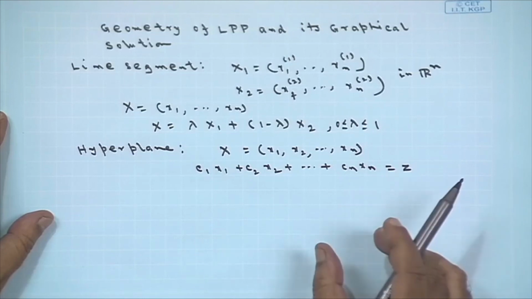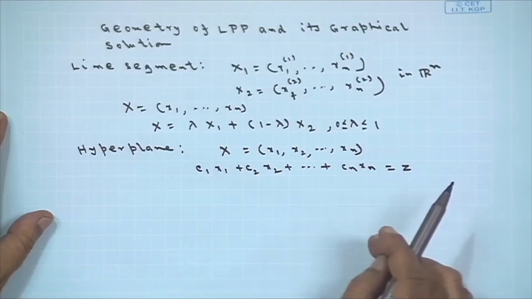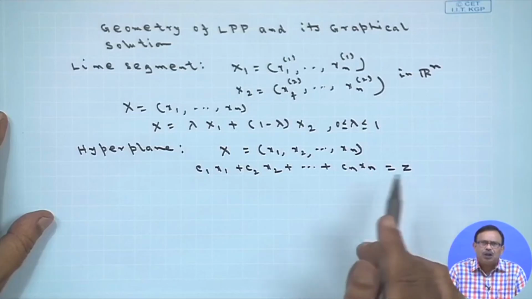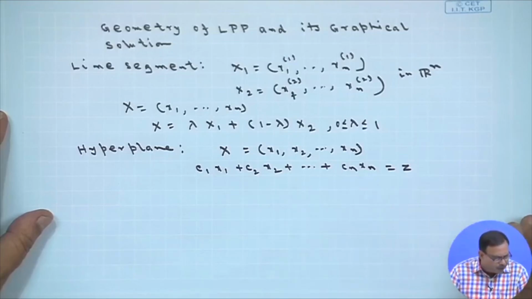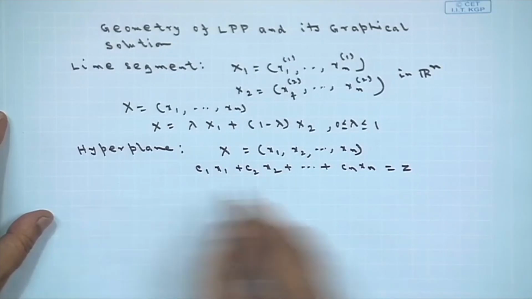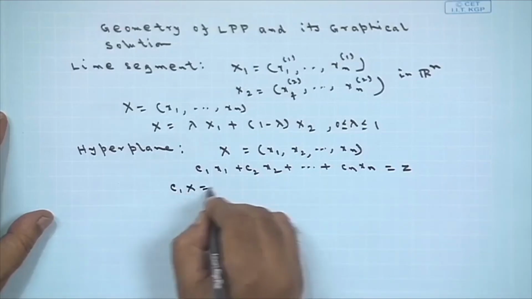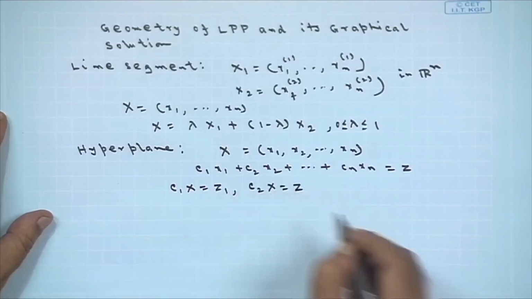And in 2 dimensions it will look like a line, and that we will see when we find the graphical solution of the problem of 2 variables. You may have parallel hyperplanes also, that is, say c 1 x equals z 1 and c 2 x equals z 2.